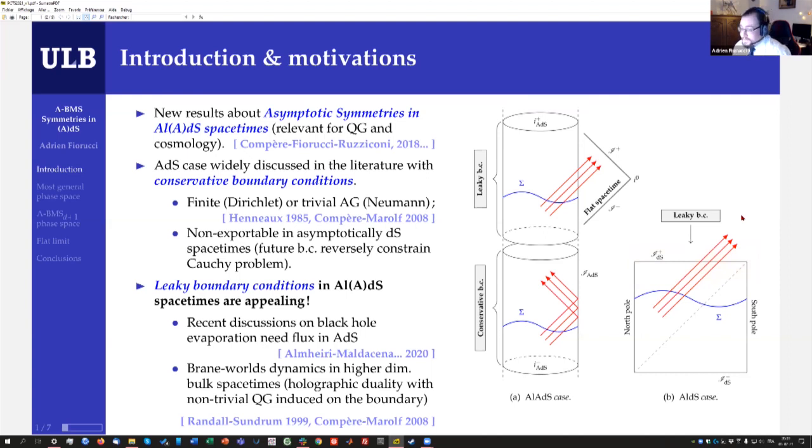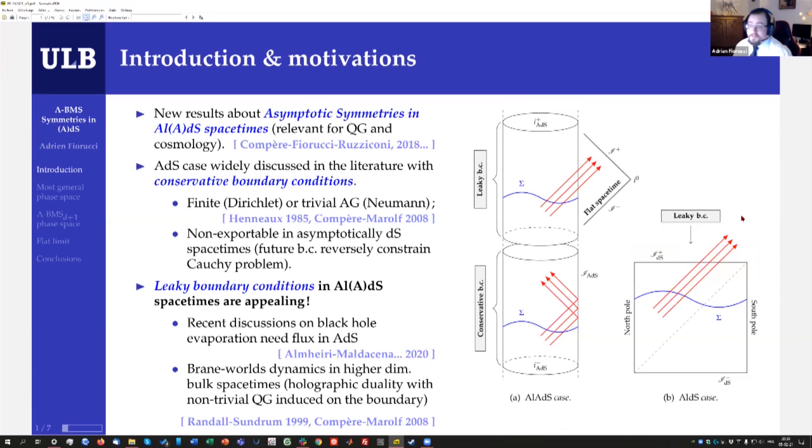A point that I want to stress today is that leaky boundary conditions in asymptotically locally AdS and dS spacetimes are really appealing and appear in recent and less recent papers in the literature.